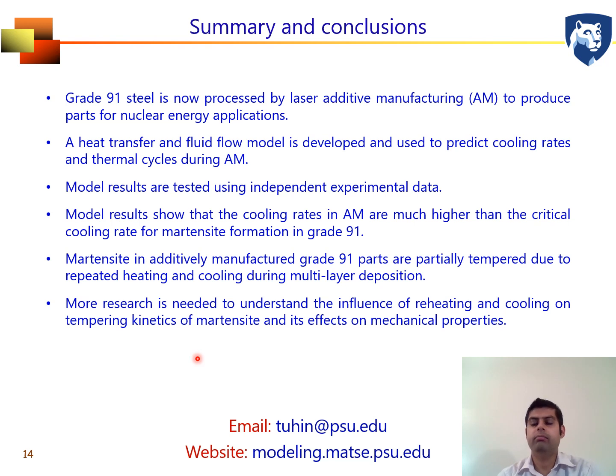And we can see from the computed result that every location of the component experiences repeated heating and cooling during the deposition of multiple layers, and that reheating and recooling affect the amount of martensite and convert some part of martensite into tempered martensite and reduce the hardness.